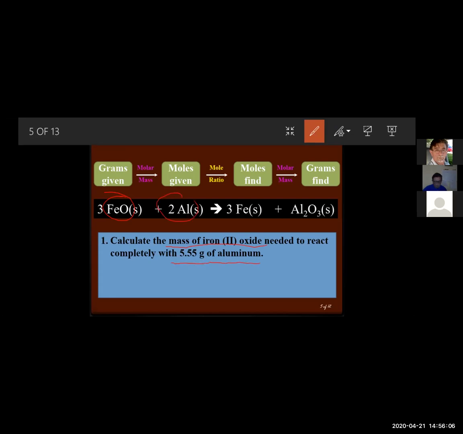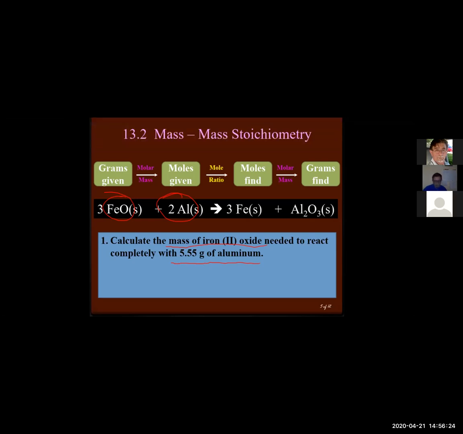So we're only concerned about the reactants. If I start off with 5.5 grams of aluminum, how much iron(II) oxide do I need? It has nothing to do with the products. We're looking at the reactants here.